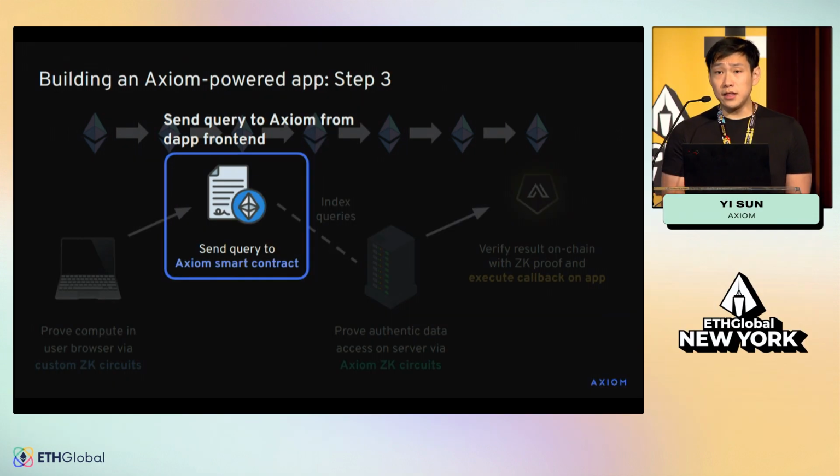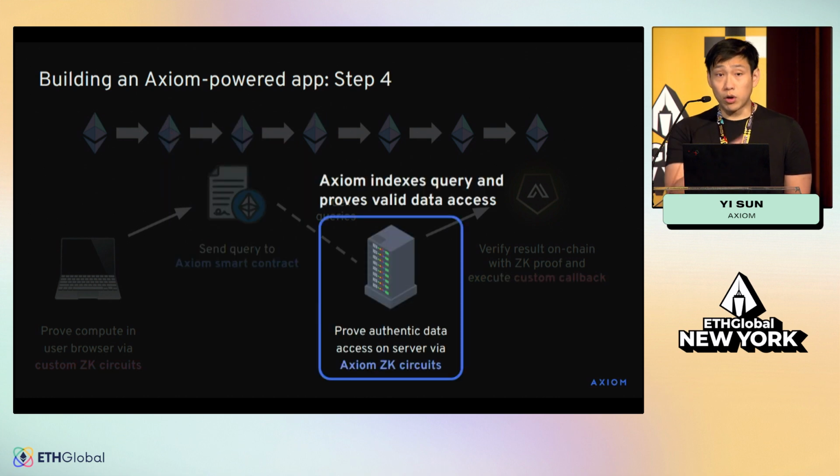Once that's done, in the flow of your application, users would send queries to Axiom from the web front end. That happens through an on-chain transaction. We're indexing those queries, and we'll prove valid data access through zero-knowledge proofs that are executed on our server backend.